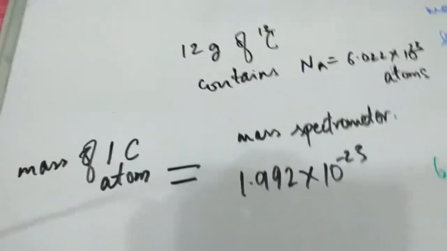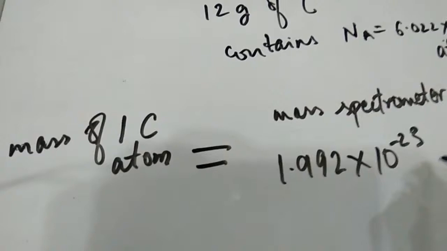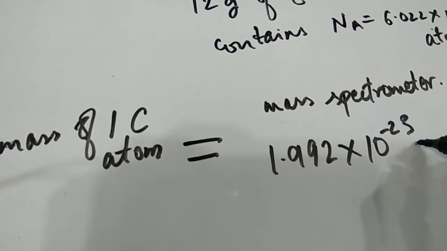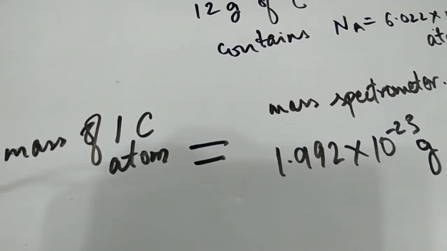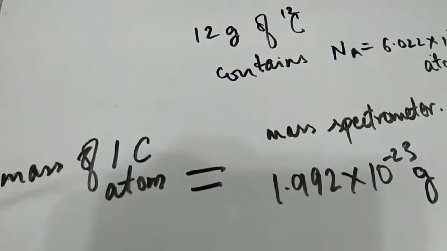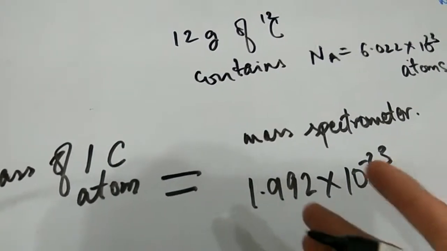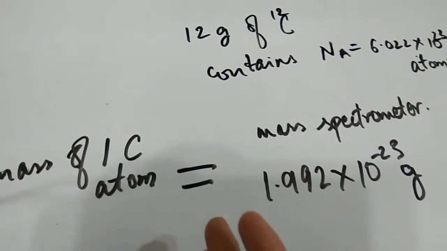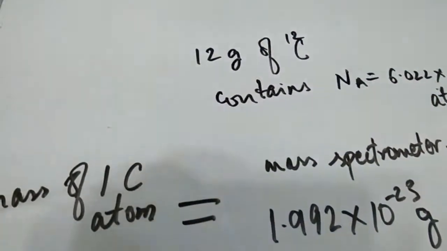Mass of one carbon atom equal to this, in gram. And now the thing is, how many atoms of carbon do we need to make 12 gram of carbon C12?